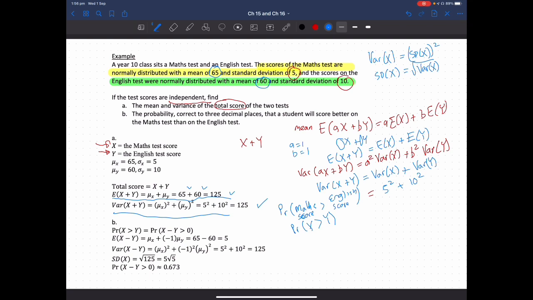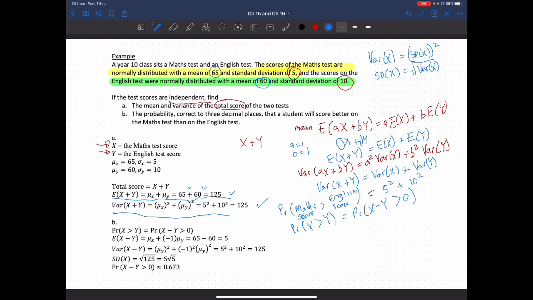Now, what we can do is get both random variables to one side by subtracting y from both sides of the equation. This gives me the probability of x minus y is greater than 0.